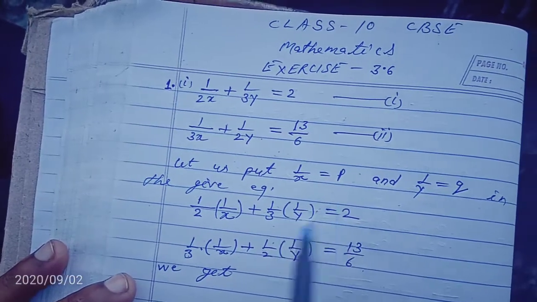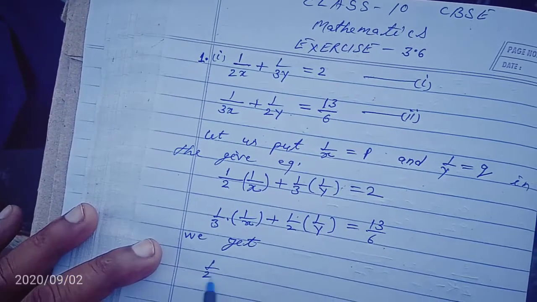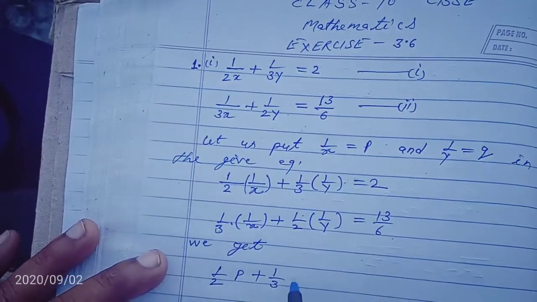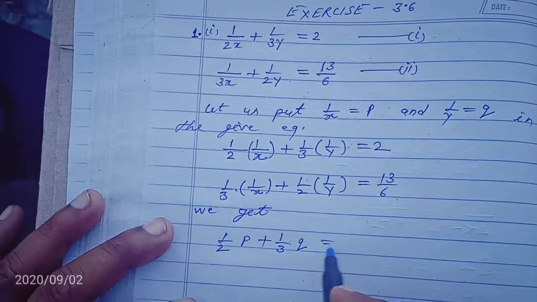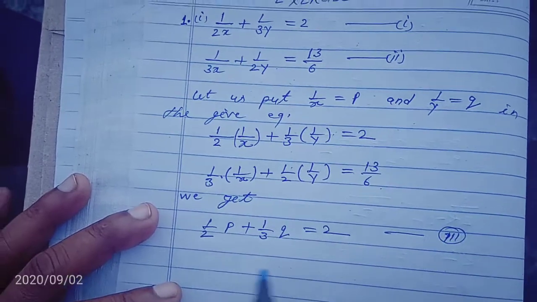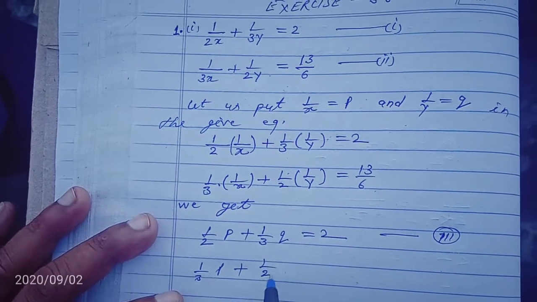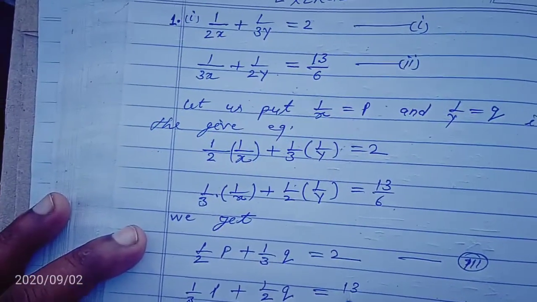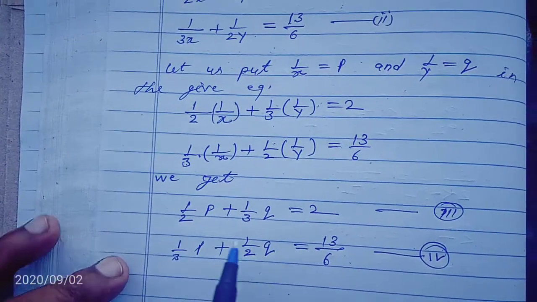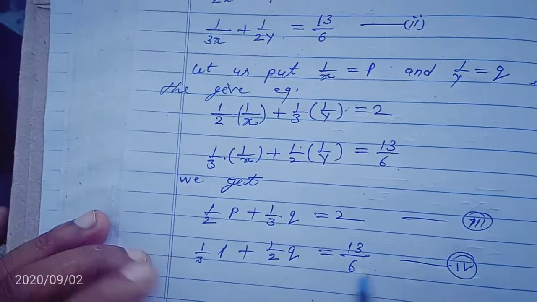If we put 1 by x is equal to p and 1 by y is equal to q, we get 1 by 2 p plus 1 by 3 q is equal to 2, equation third, and 1 by 3 p plus 1 by 2 q is equal to 13 by 6, equation fourth. Now these are a pair of linear equations in two variables.